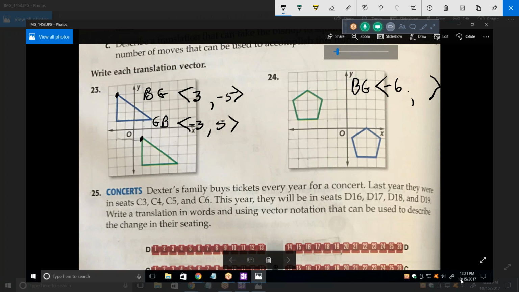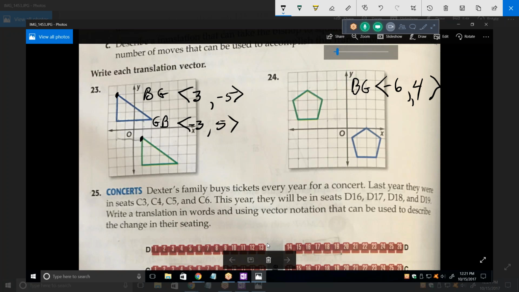Sign's very important. That tells you whether you want to go left or right. These translation vectors are easy. It's when they start rotating them that it becomes a little tougher.